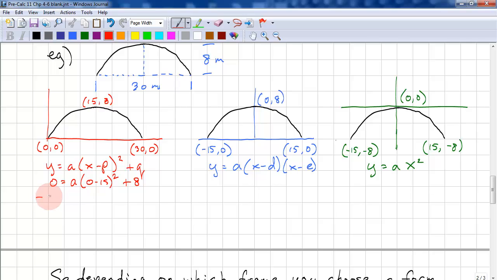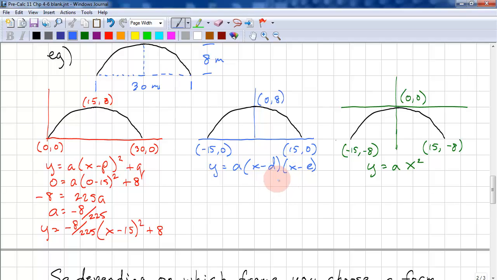So negative 8 equals 225a. So a equals negative 8 over 225. So our formula is y equals negative 8 over 225, x minus p, p is 15, squared, plus q, and that's 8.